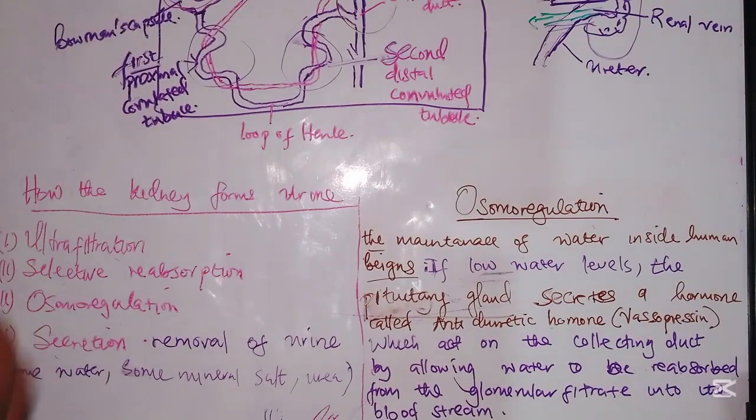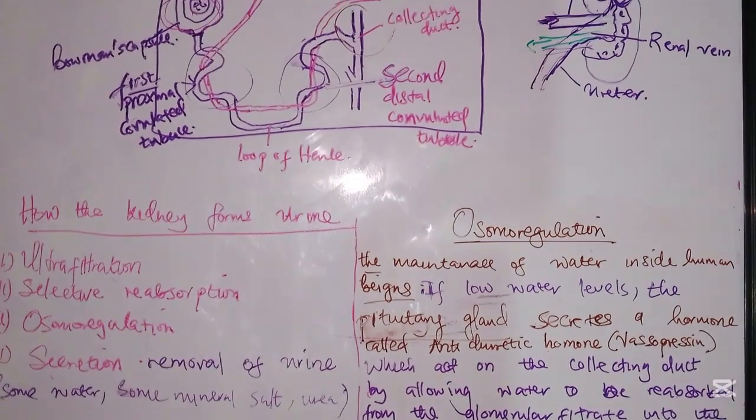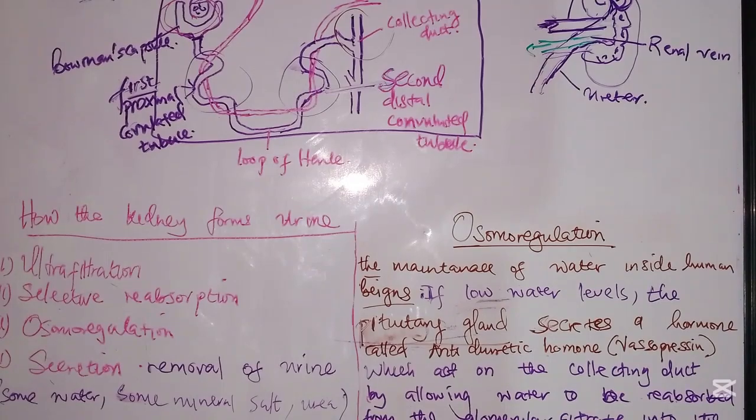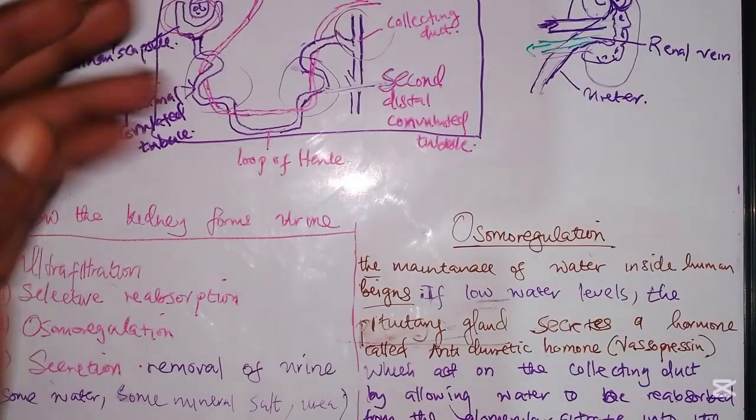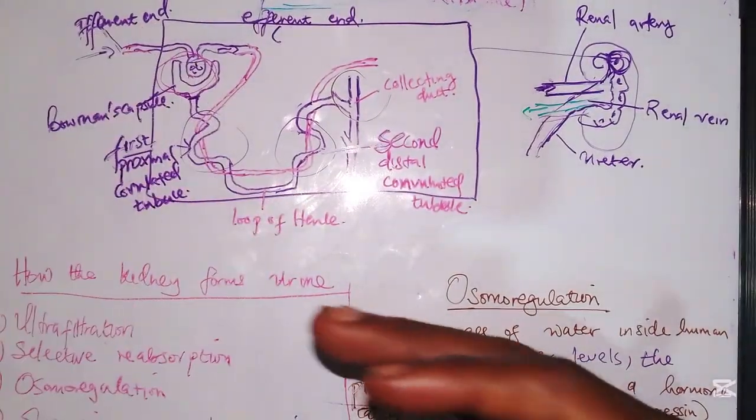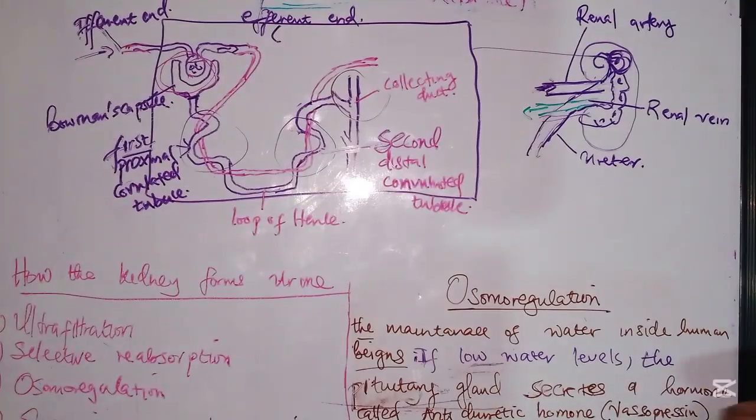Yeah, so to summarize what we have discussed here, we started by looking at the structure of a nephron, where we understood what it means by the afferent end and the efferent end, also what it means by proximal convoluted tubule. And we also looked at the process of how urine is formed. We said that the first process happens in the Bowman's capsule, which is ultrafiltration, where small molecules are filtered and large molecules remain in the Bowman's capsule.